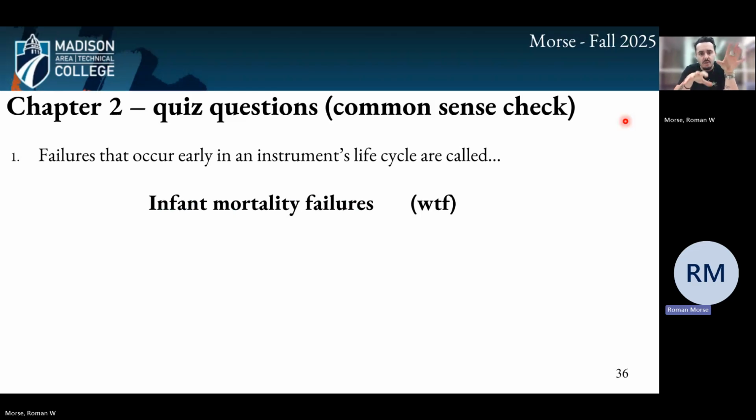I probably won't use this nomenclature, but at the beginning of a component's life cycle, if you have a failure prior to the normal life period or the normal lifespan, so during installation or even just removing it out of the box and it's already got some sort of defect, this is considered by the old engineering regime as an infant mortality failure.